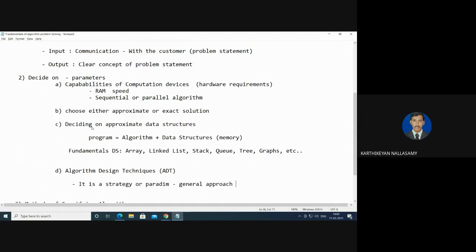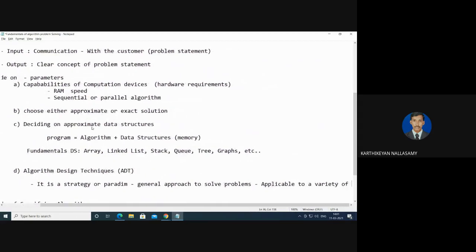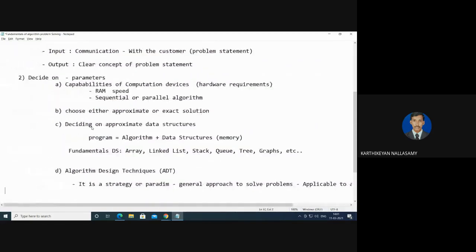It provides a general way of solving problems and can be applicable to a variety of problem statements from different areas of computing. Whatever the area is, we are going to apply it. We have to find the methodologies to solve the problem, whichever area it comes from.